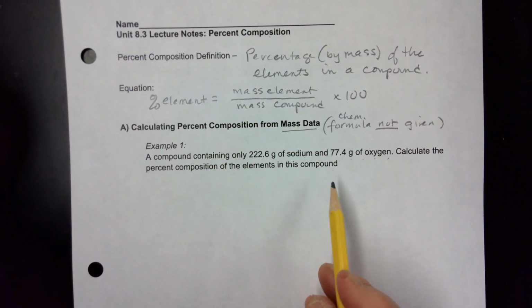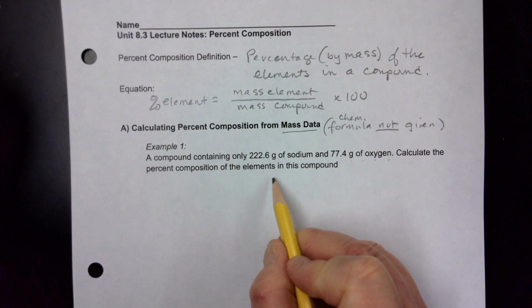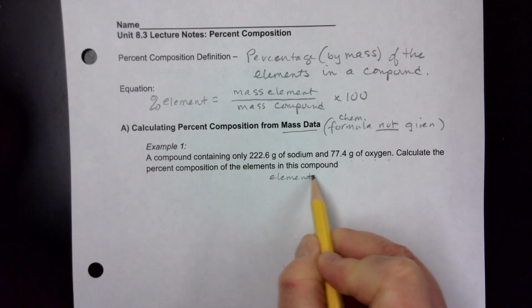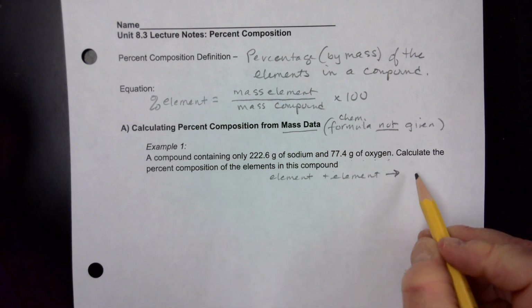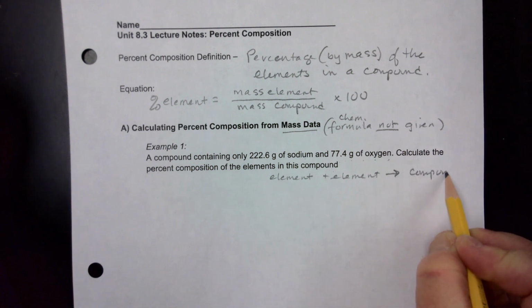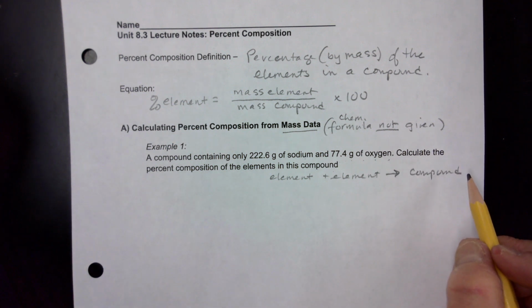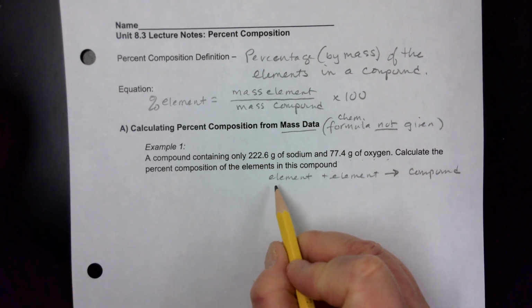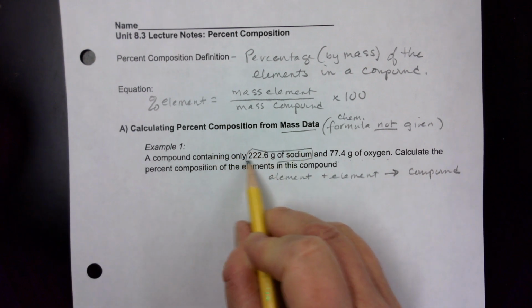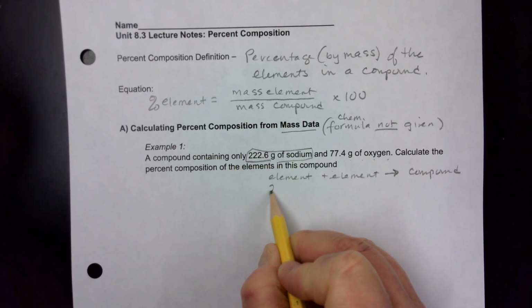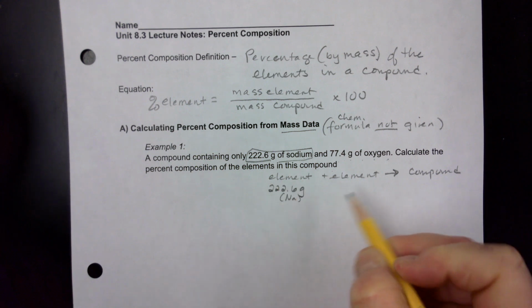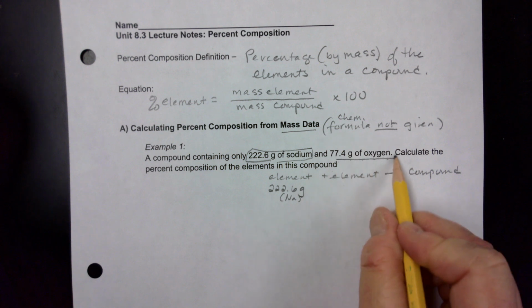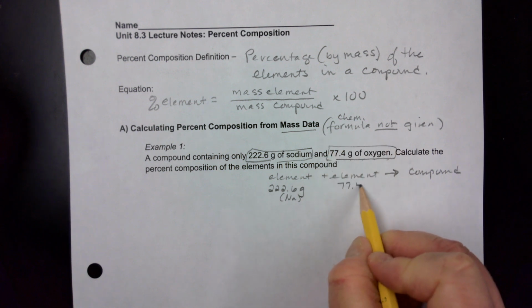What we need to recognize is that when you have an element and an element forming a compound, by the law of conservation of mass, it's pretty simple. The first element was sodium, and that was 222.6 grams. The other element was oxygen, so 77.4 grams.